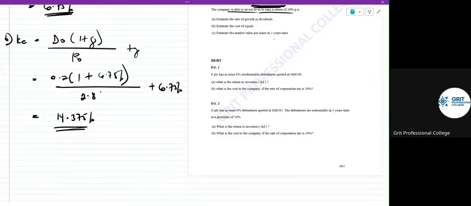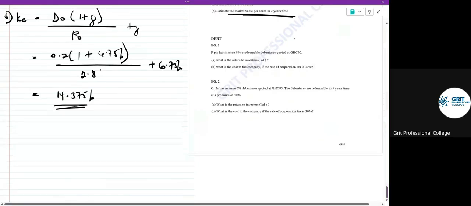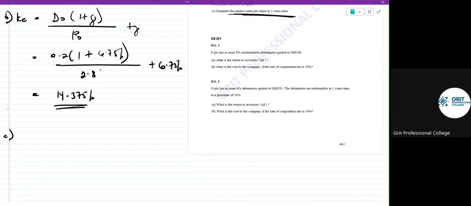Now, C finally says, estimate the market value per share in 2 years' time. One thing you need to understand is that by looking at how the company's dividend is growing, it can also give us an idea of how the company's share price or earnings will also grow.